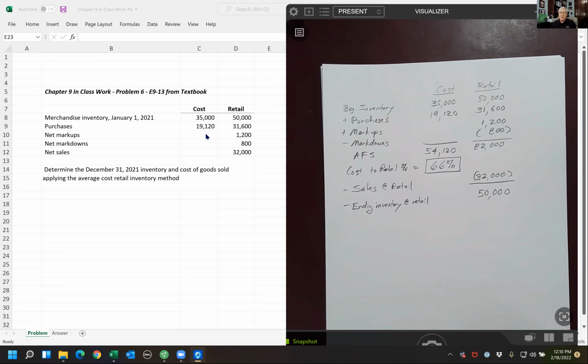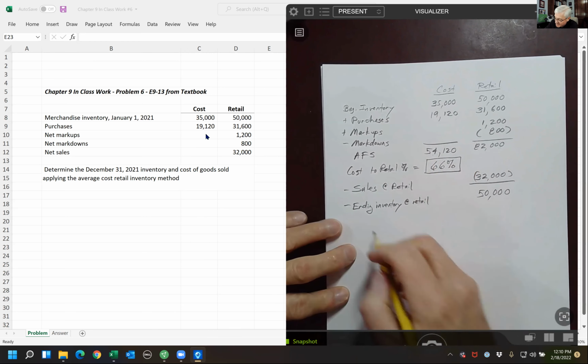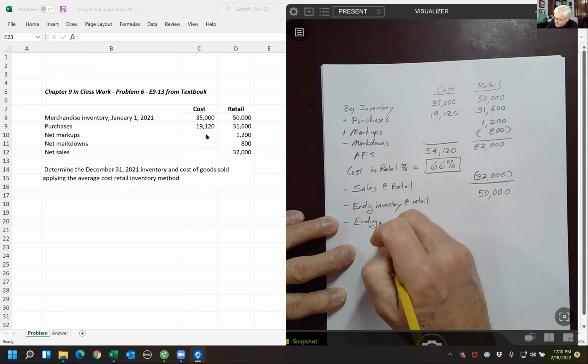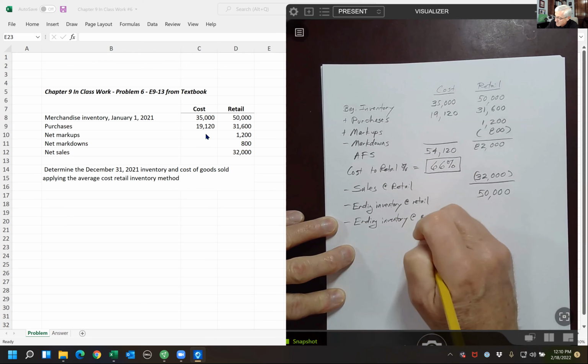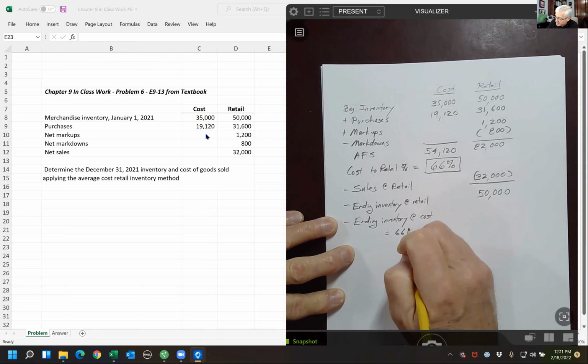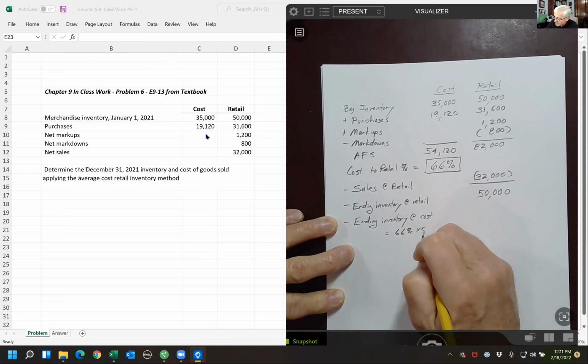So now I've got all this data in front of me, and I think you can see it would be easy to calculate what ending inventory would be at cost. If the cost is 66% of the retail, then my ending inventory should also be 66%. So ending inventory at cost is going to equal 66% times 50,000.